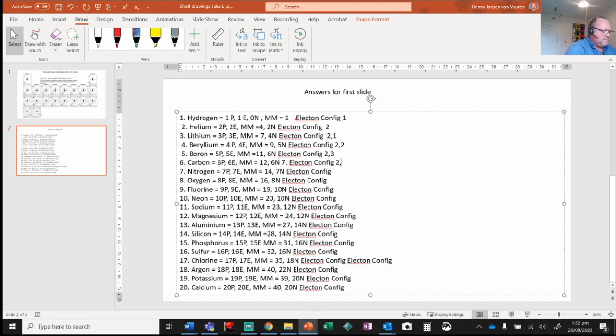Carbon is 2, 4. Can you see that that 2 plus that 4 is 6 because there's 6 electrons? Nitrogen is 2, 5. And then we eventually get to aluminium, and aluminium is going to be 2, 8, 3. Okay, so I need you to do all of that down to calcium.